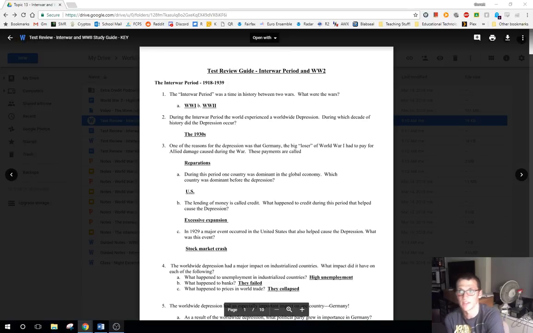The Treaty of Versailles is going to lead to all these economic conditions and other social conditions in the country that are going to create the conditions for the growth of things like dictatorships and totalitarianism. And the big thing is reparations. Forcing Germany to pay this money is going to hurt them for sure during this time period. And during this period, one country is going to be dominant in the U.S.